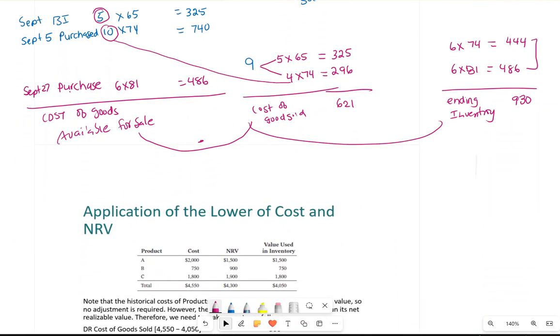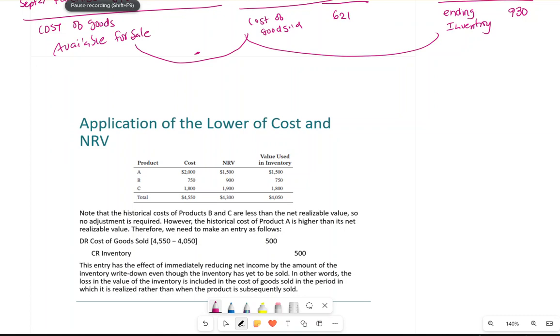Going further, now my next one is a method used when it's an application of lower of cost and net realized value. So sometimes we buy an inventory, it is a stale inventory. So what we do is we do an adjusting entry at the end of the year for our products by using the net realized value.